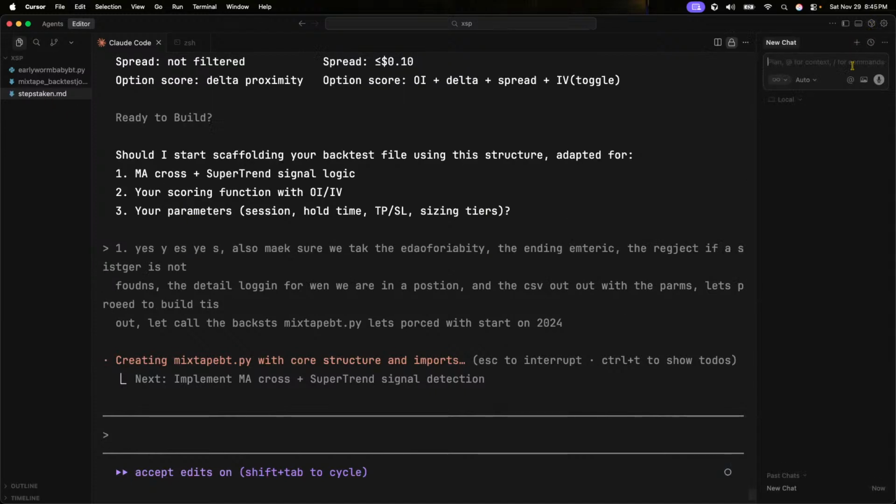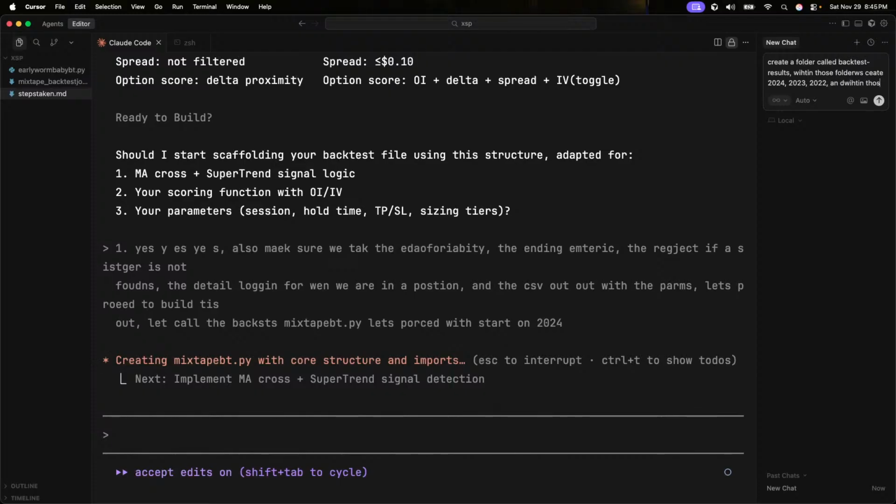What we also need is our backtest folders so we can put our backtest results. So create a folder called backtest results. Within those folders, create 2024, 2023, and 2022.